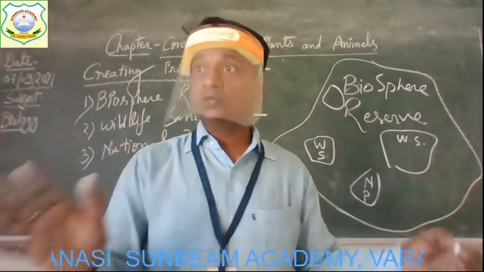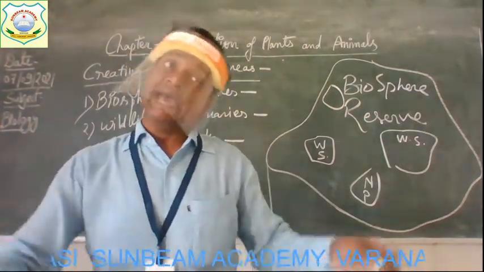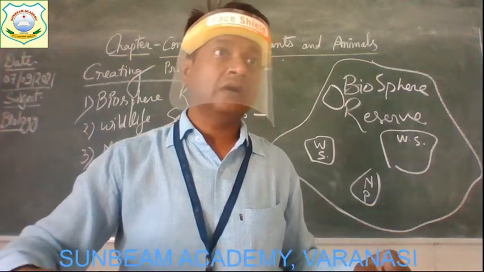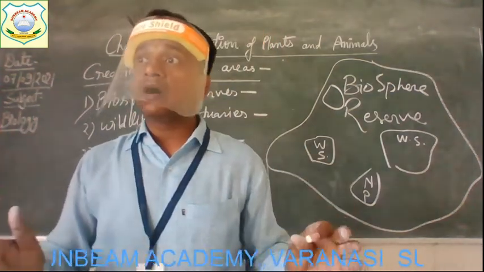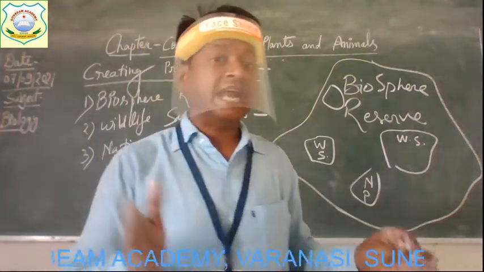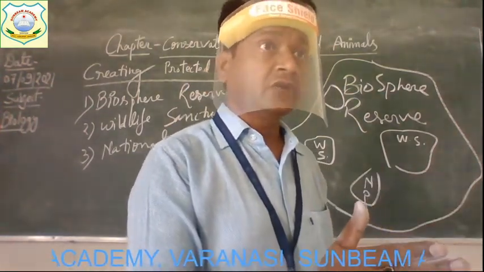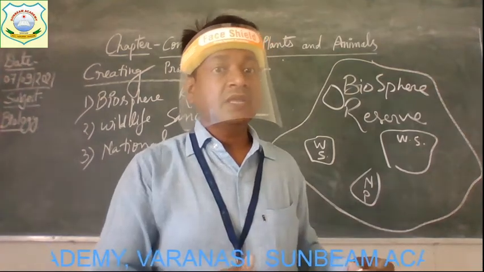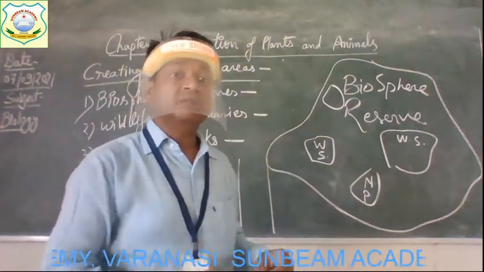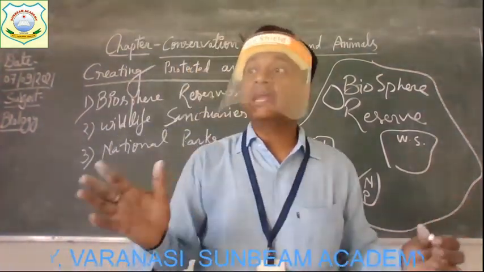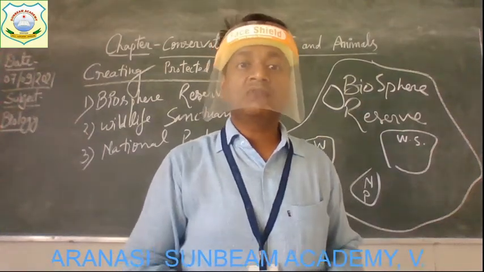Just look at the present scenario. The government has made a strict law, the Forest Conservation Act of our country India. And what is the main purpose of this act? Reservation and conservation of natural forests.